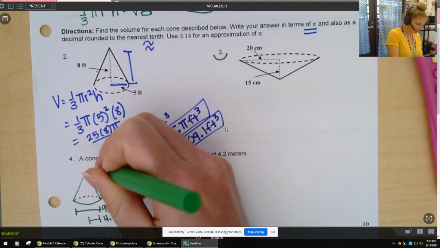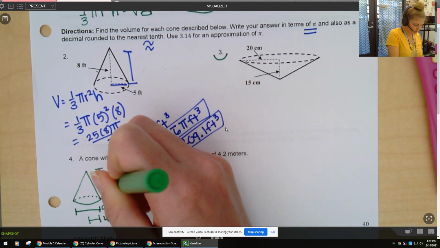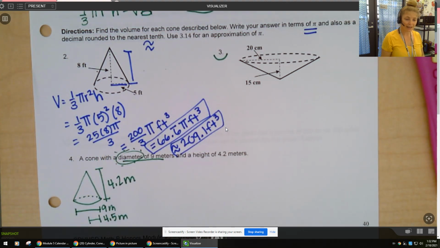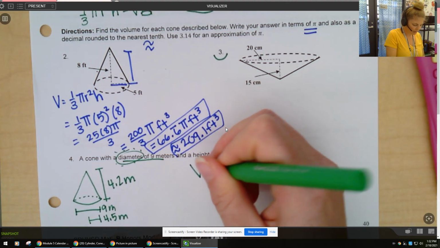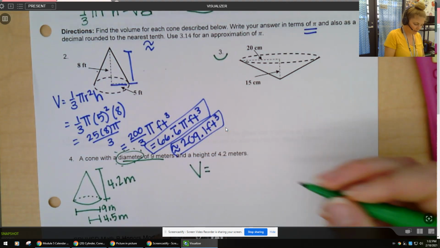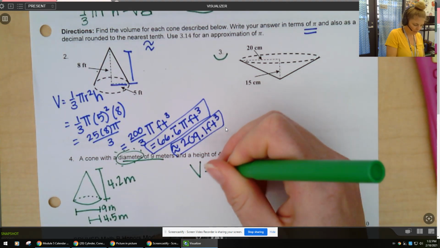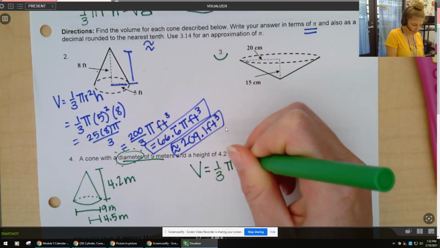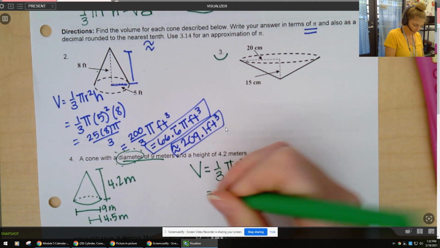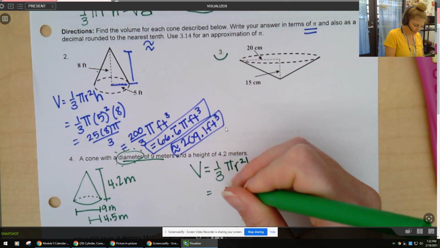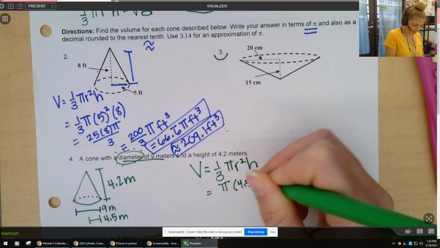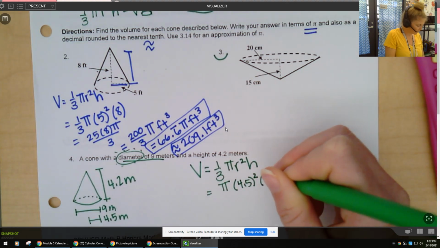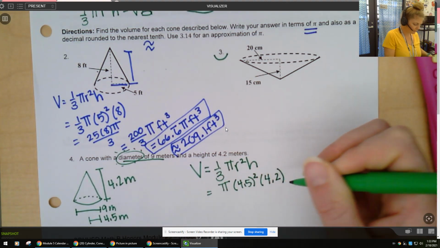And they tell me the height is 4.2 meters. So again, to solve this, I'm going to start with the volume. Volume is equal to 1/3 pi r squared times height. So we're going to leave that pi there. So pi, radius is 4.5 being squared, times your height, which is 4.2.